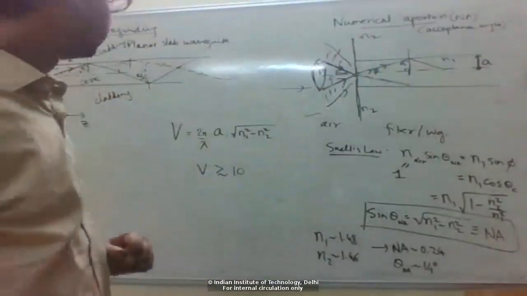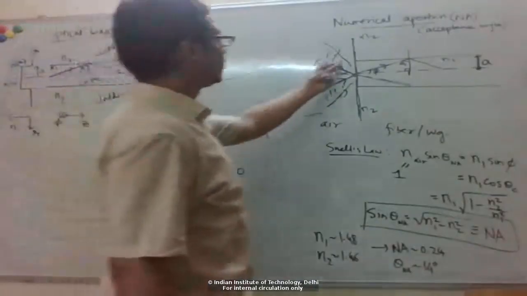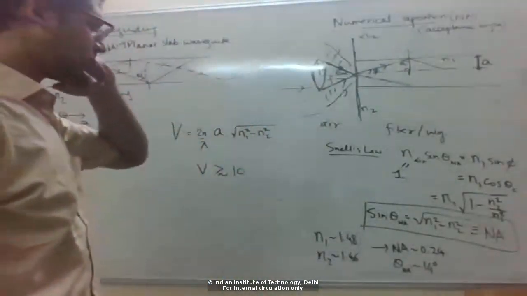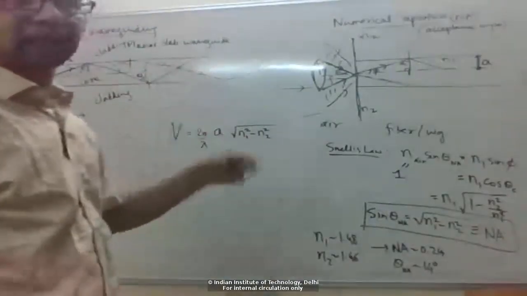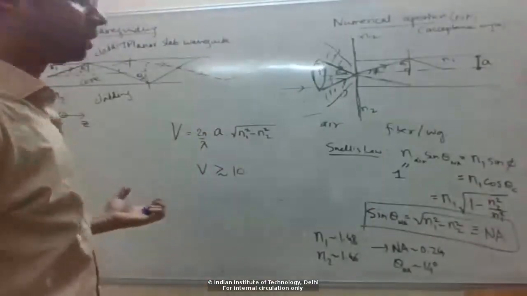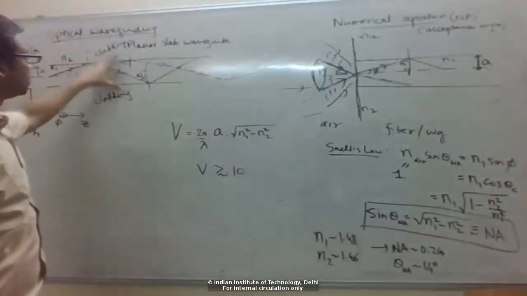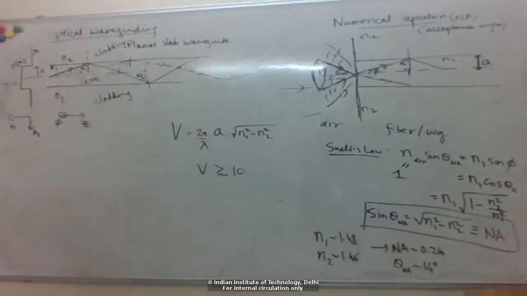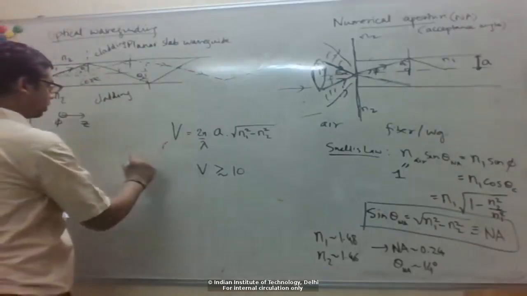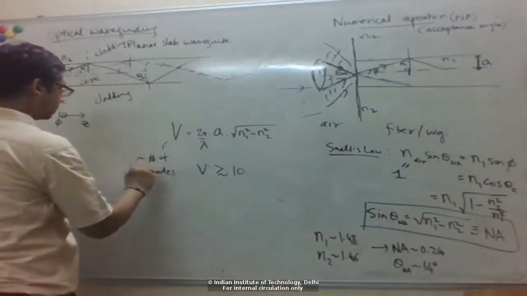The approximation is good. But if your V number is low, below 10 for example, then this ray picture is not sufficient. Then you have to go to the actual wave picture, which you will do, solving Maxwell's equations and solving for the field profiles in the wave. This V number roughly gives you the number of modes which are guided.